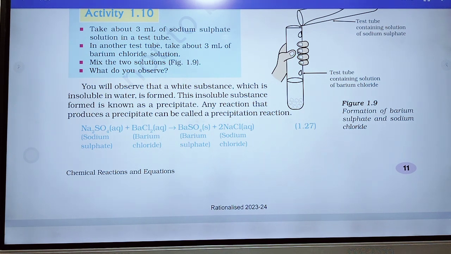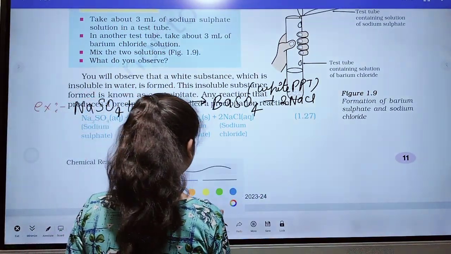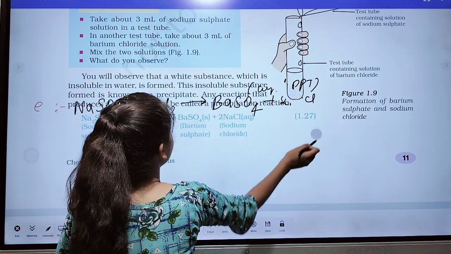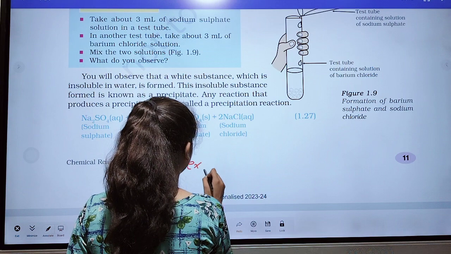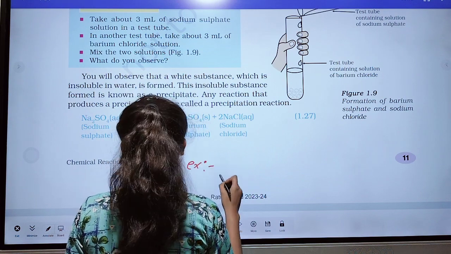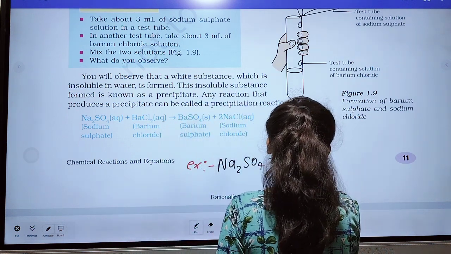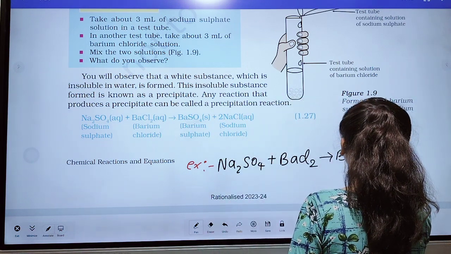This one is an example of double displacement reaction. Now see one thing, an example of precipitation: Na2SO4 plus BaCl2 gives BaSO4.